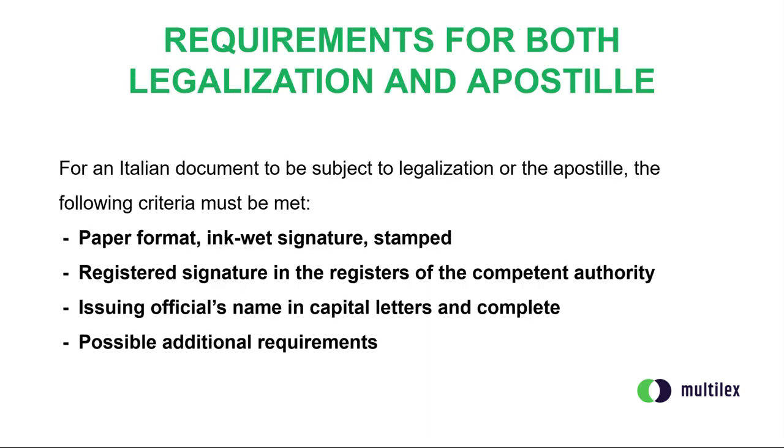In any case, in case you need to legalize or apostille a document, the birth record extract needs to be in a paper format with an ink wet signature, it needs to be stamped, and the signature of the public officer signing the document needs to be registered with the prefecture, and the official's name needs to be in capital letters and needs to be complete so the prefecture can check whether they have his or her signature. And of course, there could be also additional requirements like specific writing to insert on the certificate so that the prefecture can proceed.